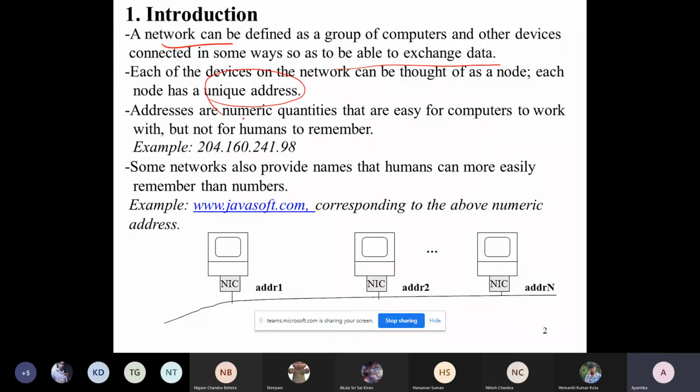Now, in general communication, our computer systems are connected with a network interface card, and they assign particular numeric addresses to that computer.